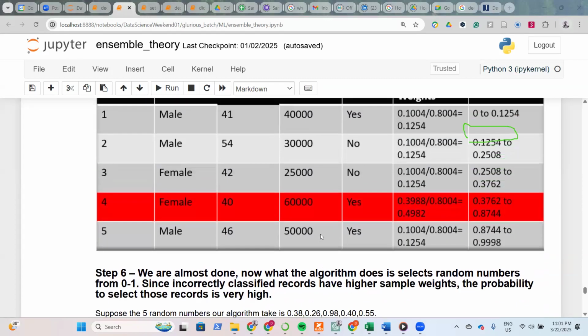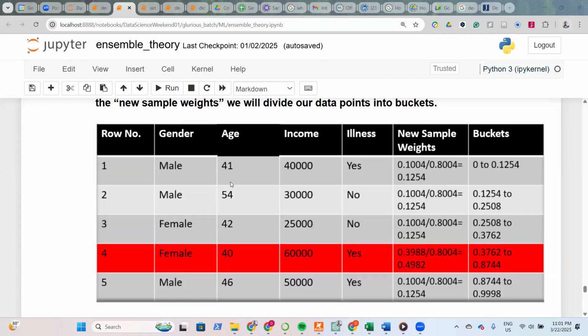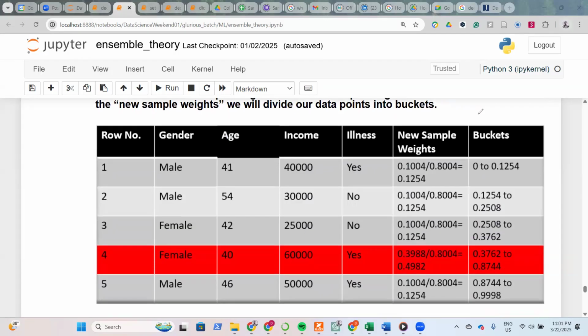Please listen. If your data had 1 million records, after this step, what the algorithm will do is pick random 1 million numbers between 0 and 1.